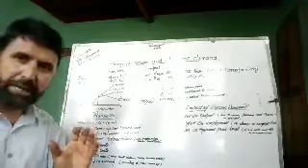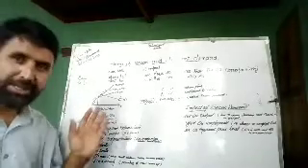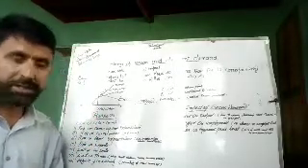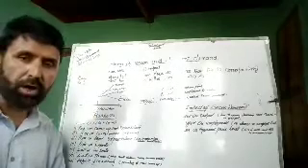it can be explained through this figure, where we take on x-axis the income and on y-axis the aggregate demand. These are the two curves.